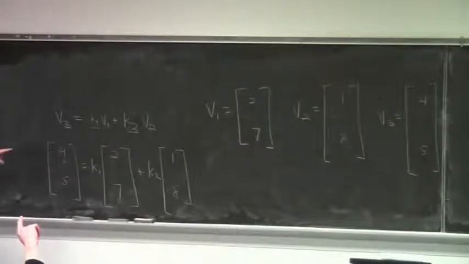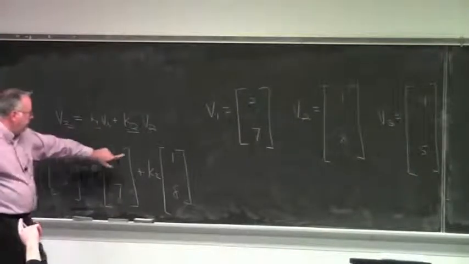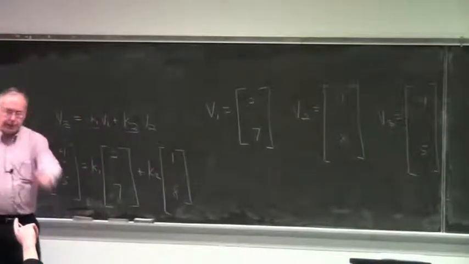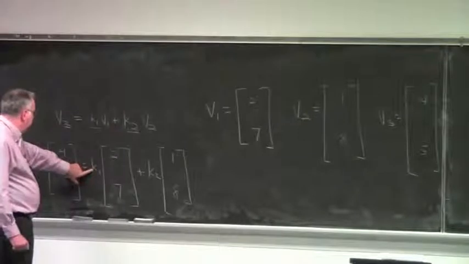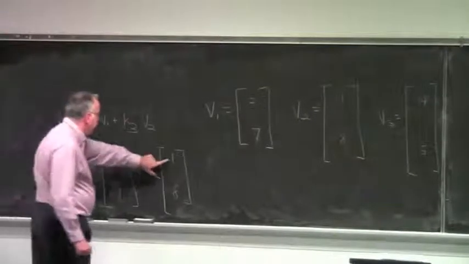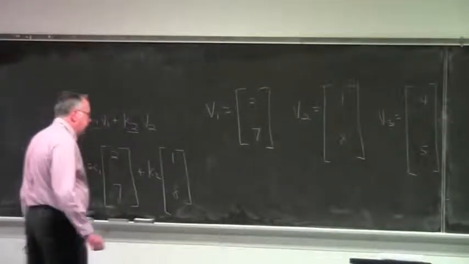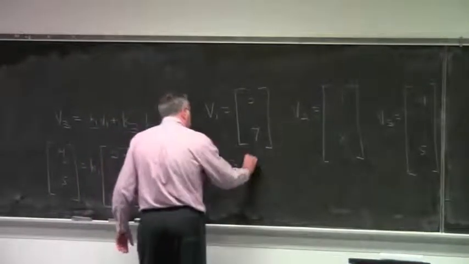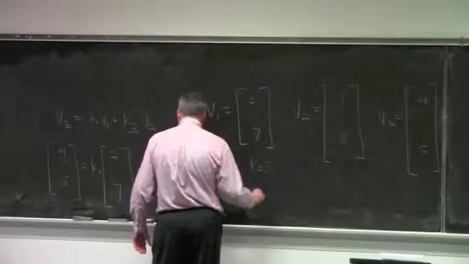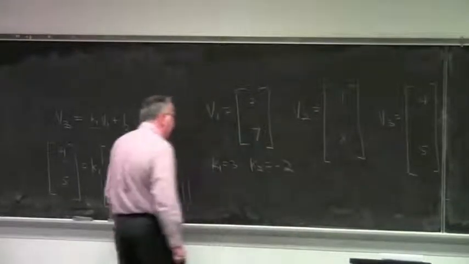In other words, 4 must equal 2k1 plus 1k2. Yes? Could you do k1 as 3 and k2 as negative 2? That would work, wouldn't it? Because this would be 6 minus 2 equals 4. So let's try that. k1 equals 3, k2 equals minus 2. That will work for the top.